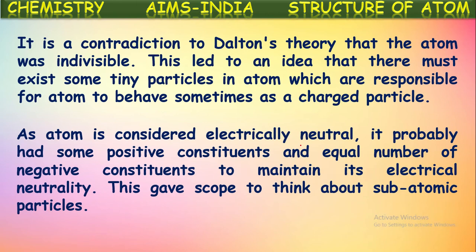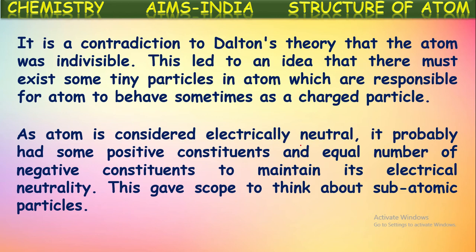As the atom is considered electrically neutral, it probably had some positive charges and an equal number of negative charges to maintain its electrical neutrality. This gave scope to think about subatomic particles. Atoms are generally electrically neutral, but certain times they acquire certain negative charge.